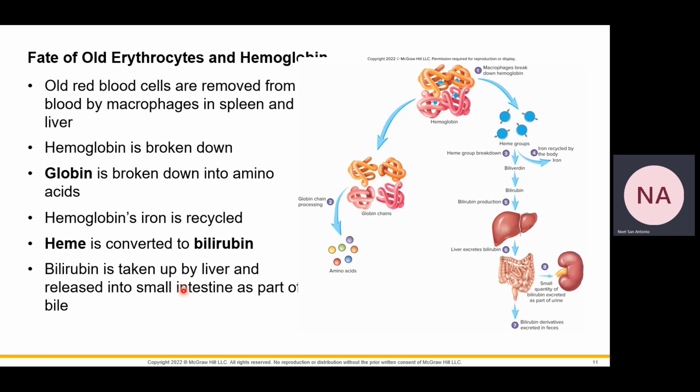Di ba? Sabi natin sa digestive system, the main function of our liver is to synthesize bile. And our liver primarily uses bilirubin from the recycled heme of hemoglobin coming from the blood.